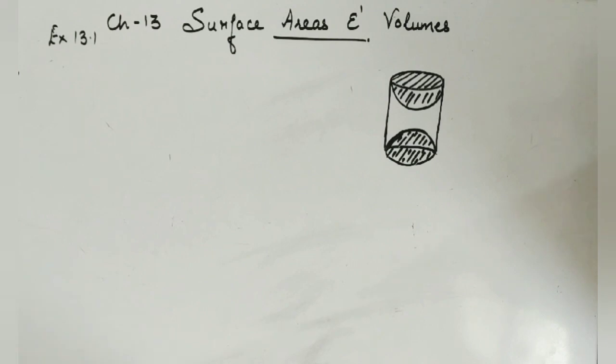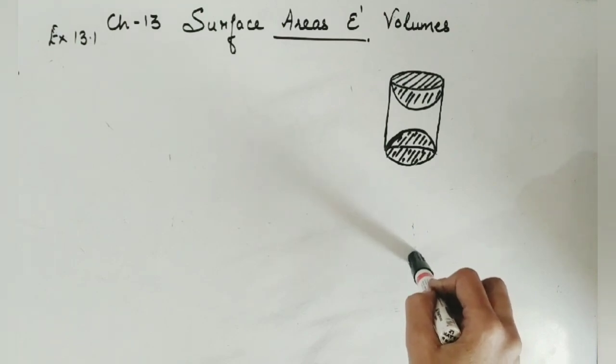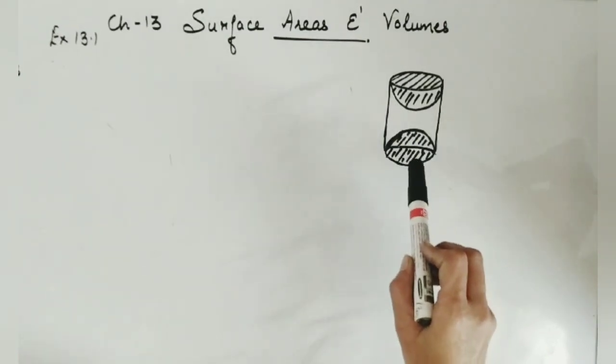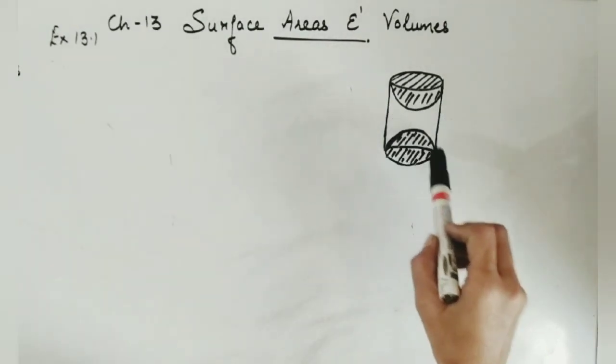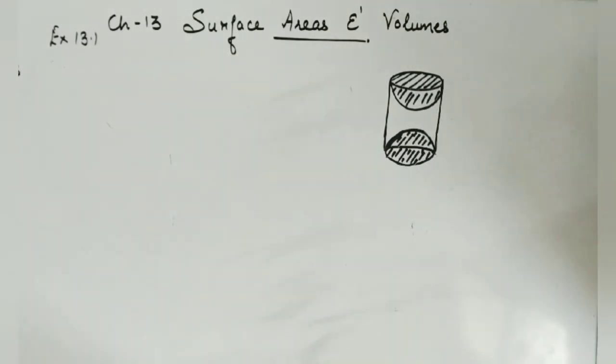Another very important question: a wooden article was made by scooping out a hemisphere from each end of a solid cylinder. You see this figure, there is a solid cylinder and hemispherical ends are taken out from the top as well as from the bottom.